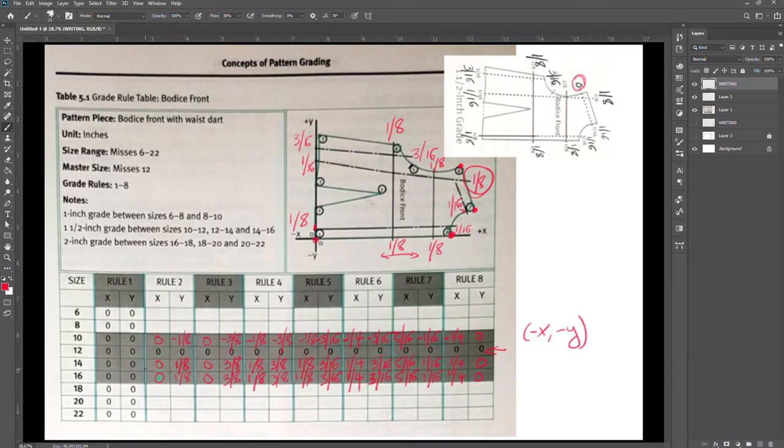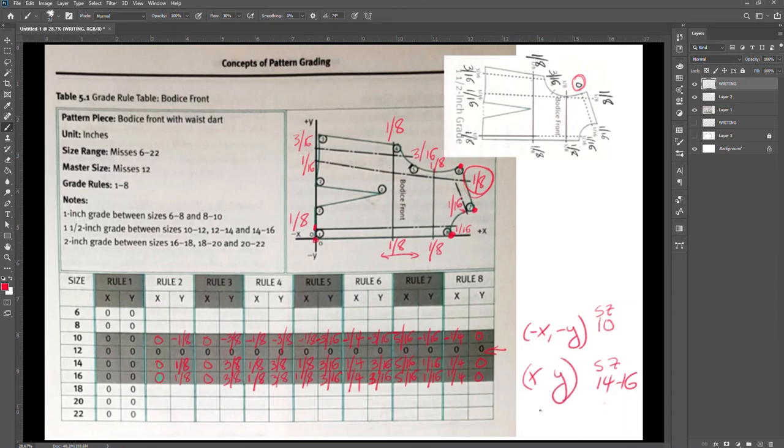The negative x and negative y are moving all the points down and to the left, and the positive x and the positive y for sizes 14 and 16 are moving all of the points up and to the right.